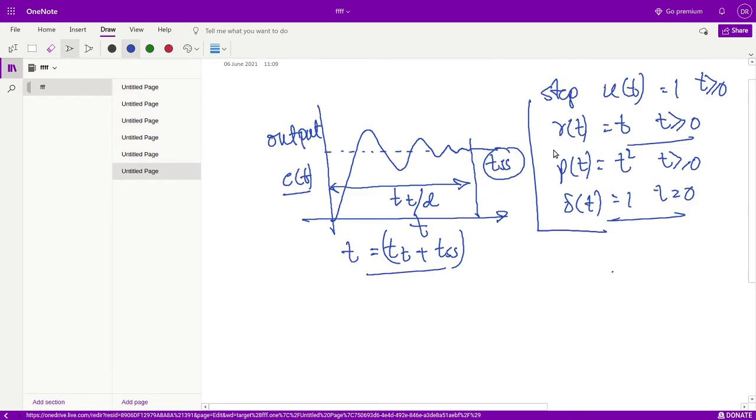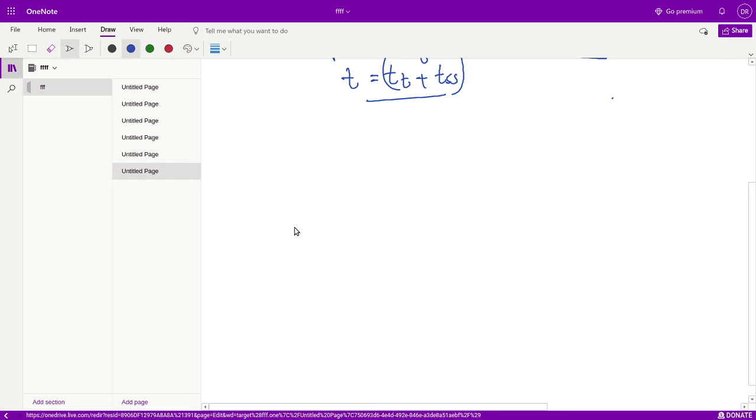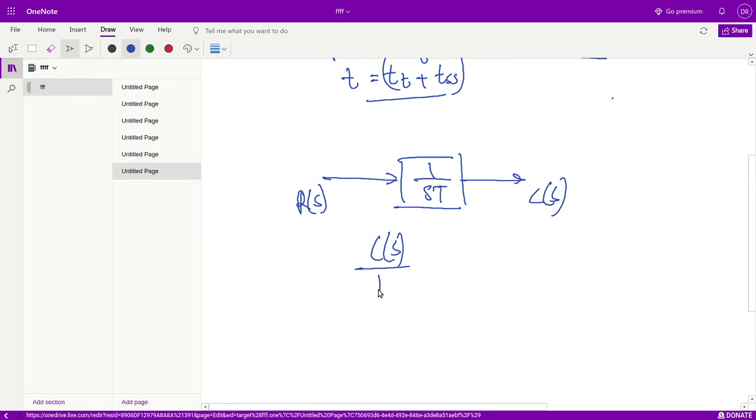This type of behavior I study using the time domain response. First of all, one thing should be remembered: for an open loop control system, if we consider one G(s) block with gain 1 by sT, where s is the Laplace variable and T is the time constant of the system. This time constant arises from the RC circuit or RL circuit. But here we apply everything in the Laplace domain. So basically C(s) by R(s) is equal to 1 by sT. Now if we apply the unit step signal, what is the Laplace transform?